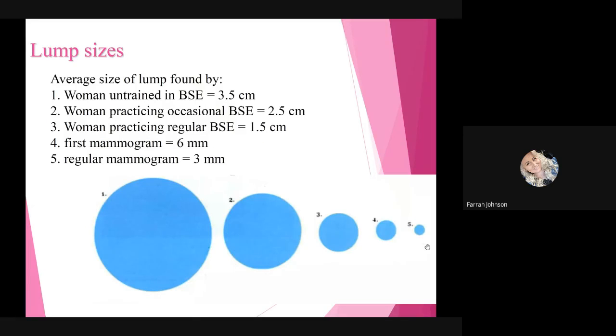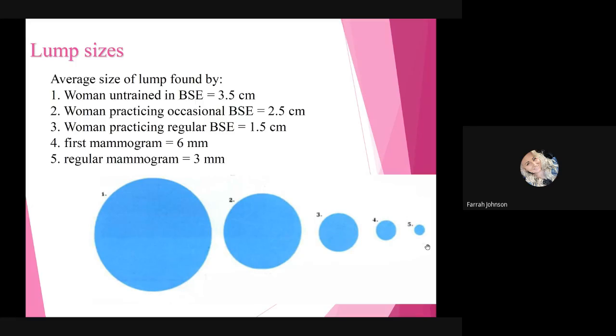So that brings us to lump sizes. The average size of a lump found by a woman untrained in a breast exam is 3.5 centimeters. Whereas women who occasionally practice a breast self examination detect them as small as 2.5 centimeters. Women who practice regular breast self examinations usually find them at 1.5 centimeters.